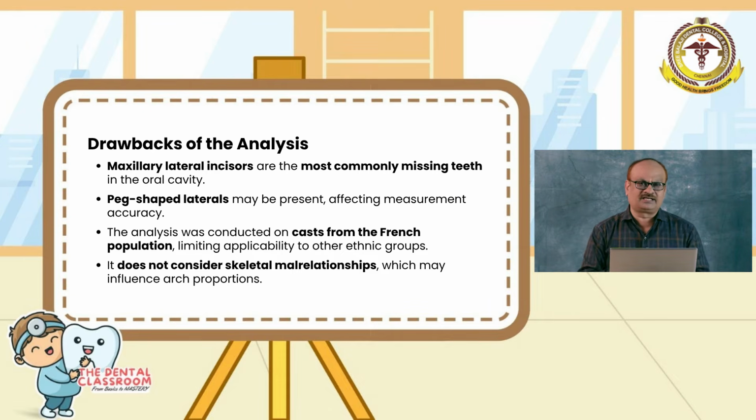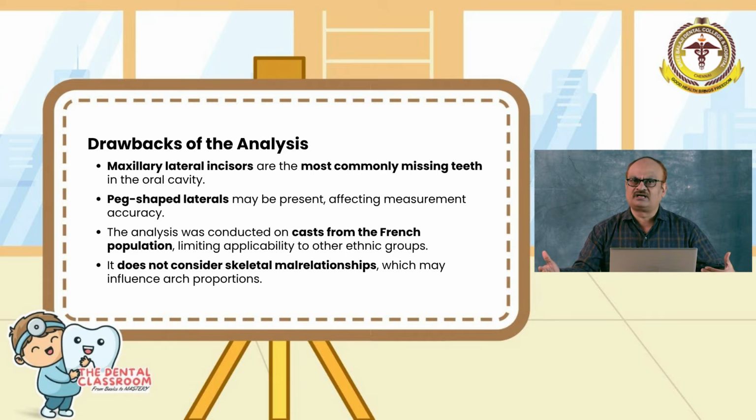But there are certain drawbacks of it. The first one is population variations. This is based on the French population. Next, it doesn't say anything about crowding discrepancies in the arch. It only tells how much the arch width should be.